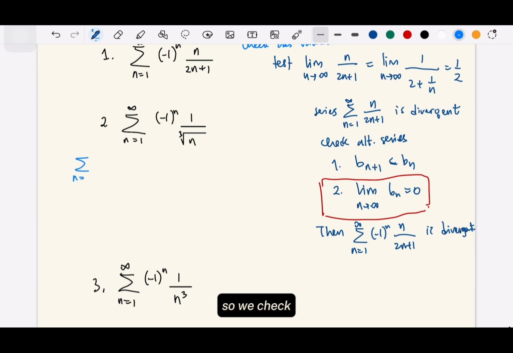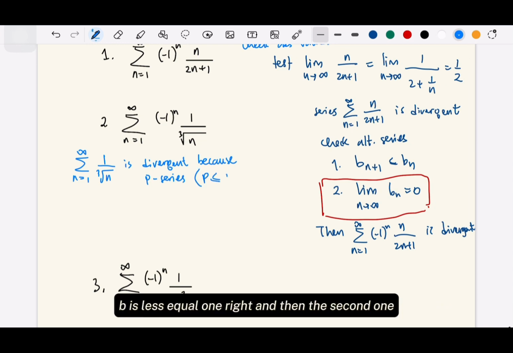So we check this. This is divergent because of the P series, P is less than or equal to 1, right?